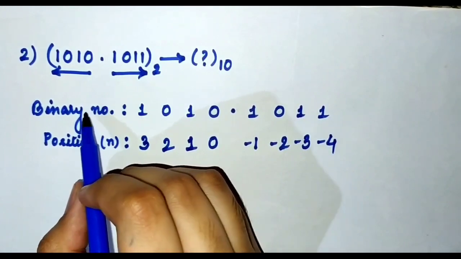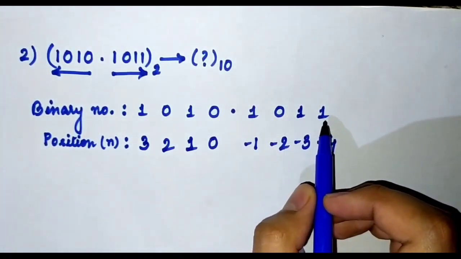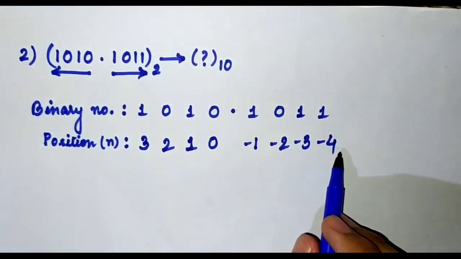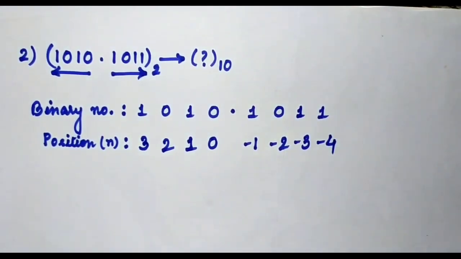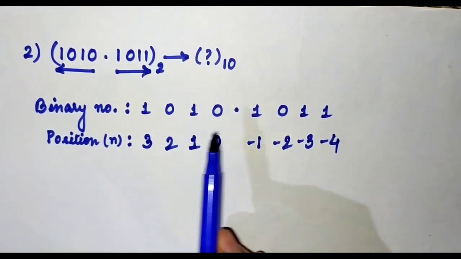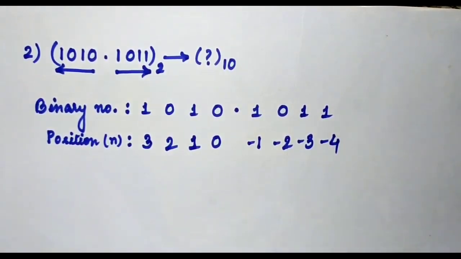Here I have written this binary number once again, and along with it the position of the bits. Now, in the previous example, I have told you about position weights. So, I'm going to write the position weight of each and every bit here.